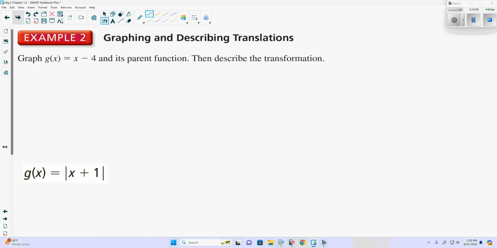Anybody have a guess? Huh? It is linear. Because we just have x by itself, yes? Absolute value functions have what? Absolute values, yes? This one doesn't have absolute value, so it's not an absolute value. Quadratics have an x squared. They have that exponent of 2, yes? Does this one have it? No. So it's not quadratic. If it's constant, it's just going to be a number. There is no variable. So it is linear.